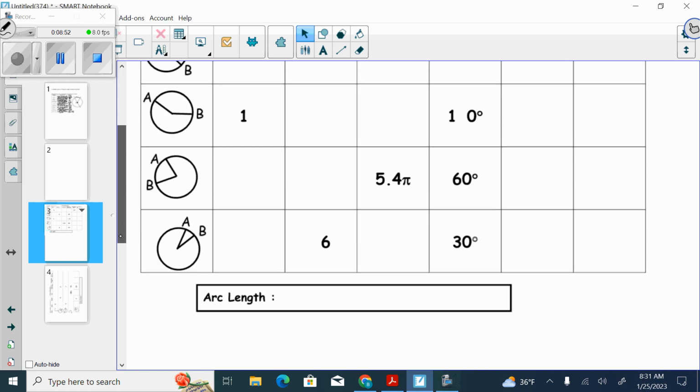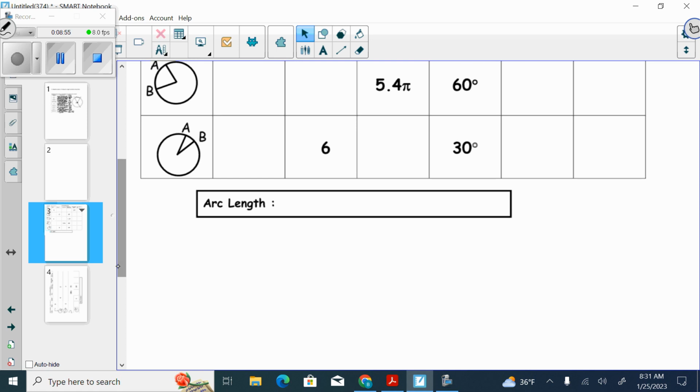Whenever we were talking about arc length, or arc measure yesterday is how we were dealing with it, we always measured in degrees, right? So many degrees out of the whole circle. And we know the whole circle is what? 360. So every time I was setting something up, especially in those problems where we were cross multiplying, it was x out of 360 degrees, right?